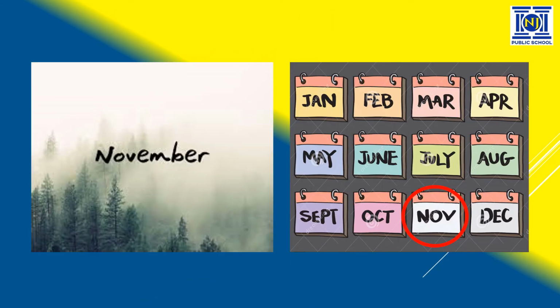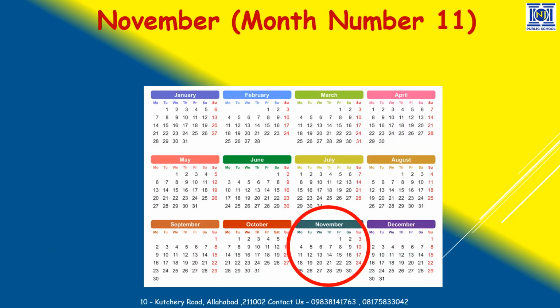Next month is the month of November. The month number of November is 11. Children, can you see the date over here? I have written it as 2/11/2020. How will you read this date?